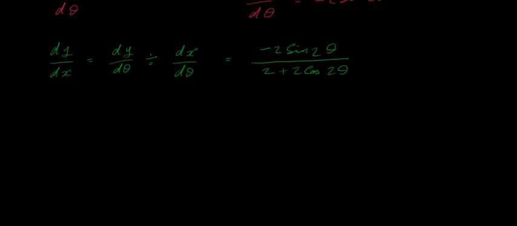So I know that, for example, sine 2 theta is 2 sine theta cos theta, and I also know that for cos 2 theta, there is a formula in there as well, and it looks like this: cos squared theta is equal to a half of 1 plus cos 2 theta.